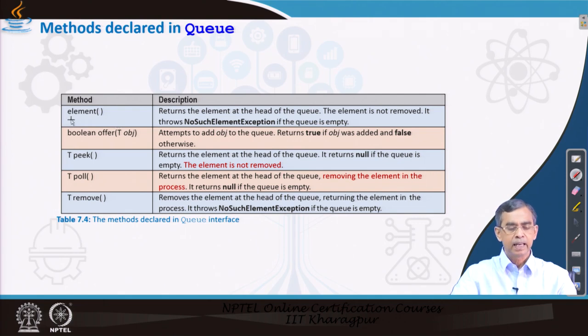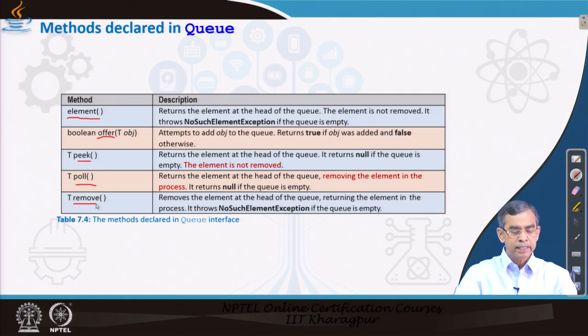One method is called element. It returns the element at the front of the queue. Offer is the one method which allows you to add an element into the queue. Peek just returns the element at the front, but this element is just read, not removed. Poll removes as well as returns the element which is at the front.